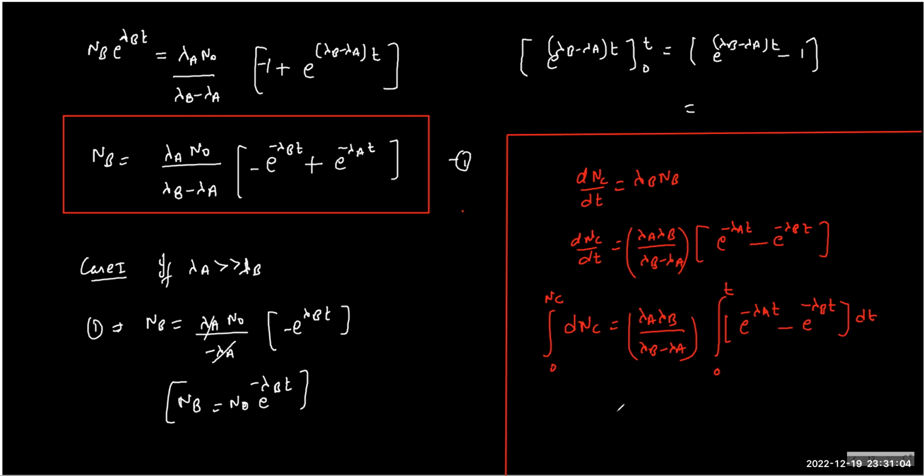So what is the answer coming? Tell me. So how much is this coming? Tell me, guys. NC equals to... minus 9.